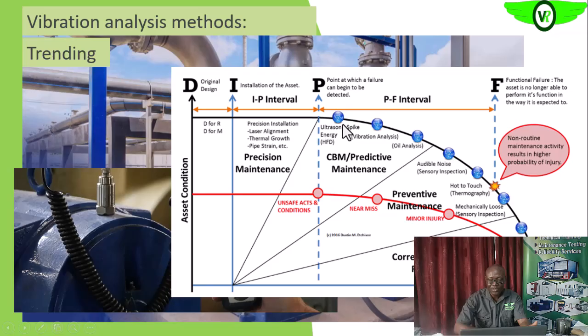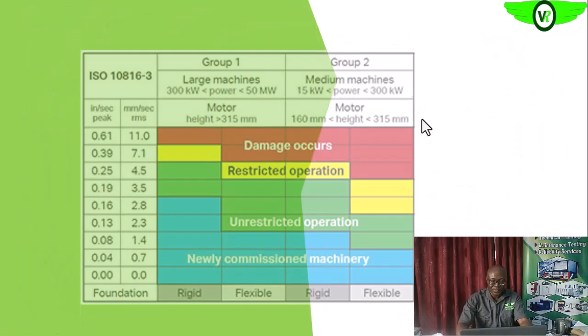Are we getting it? Within this PF interval, it is for us to see what maintenance intervention we can do to bring it back to its normal level of reliability.